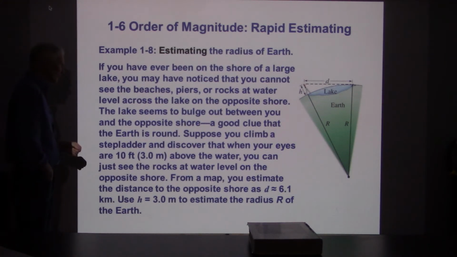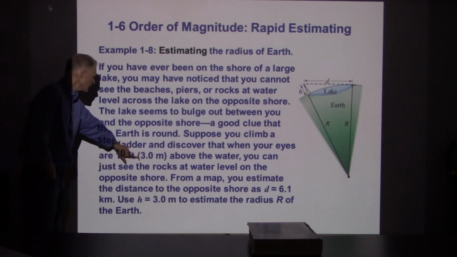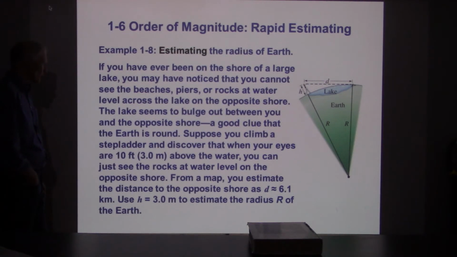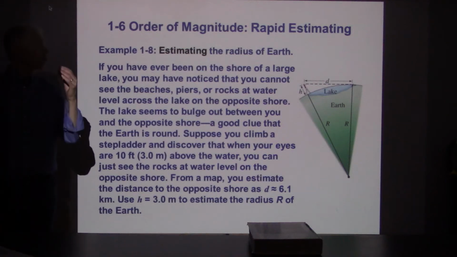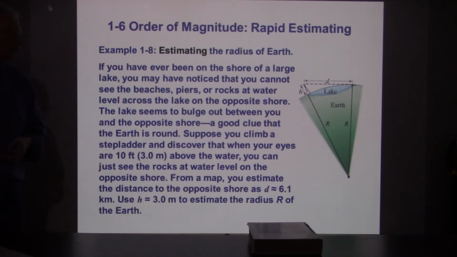In any case, what they're estimating here is that the ladder is 3 meters high. You can just see rocks at water level on the opposite shore. So you get out a map, and the map tells you that the distance to the other shore is about 6.1 kilometers.